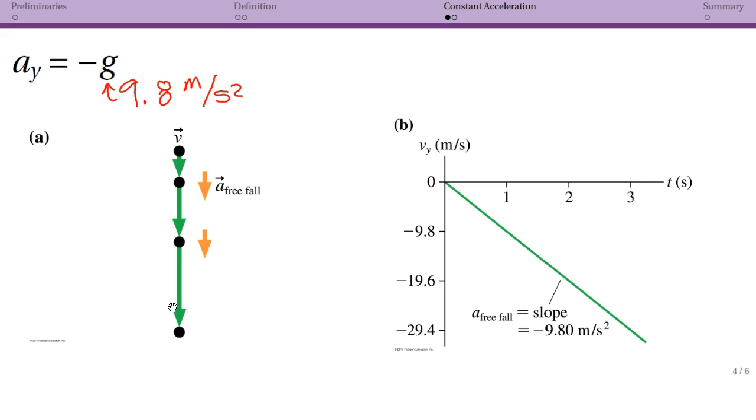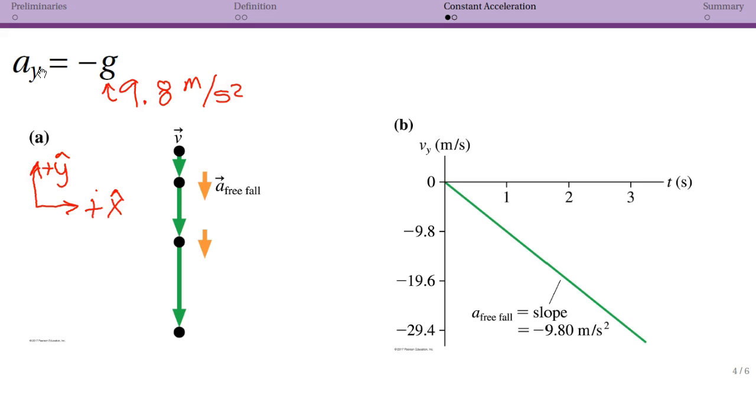So the first thing is to just think of a simple motion diagram that in this case represents an object starting at this height, starting from rest, and it has an acceleration downwards. And this acceleration downwards is constant. Again, this is the idea of free fall, that the acceleration is in the y direction. So typically the coordinate system we would use is x to the right and y up.